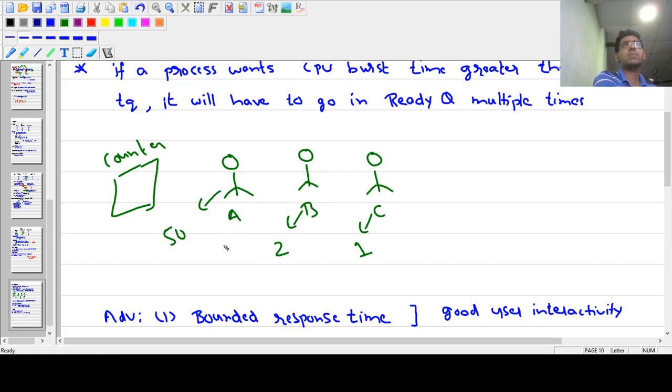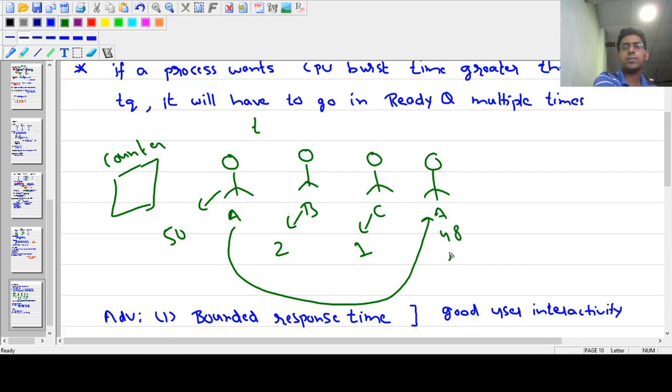So what they have designed is a time quanta, that at a time each person can have 2 forms only, that you can book tickets for 2 forms only. So person A will book tickets for 2 forms, then again he will go back and stand in the line with his remaining 48 forms, and we will get an opportunity.